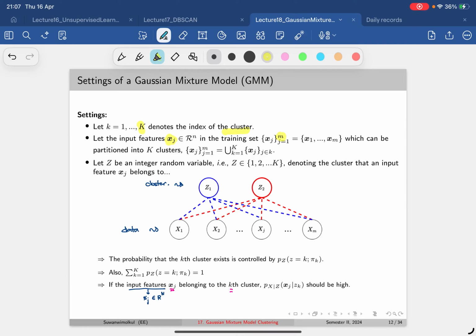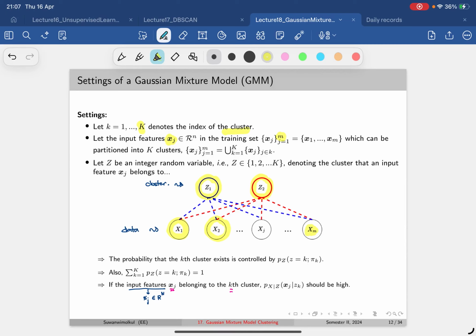How should we do that? In the Gaussian mixture model, they use that graphical representation to represent the relationship between x and how it should be grouped. They use z to represent the cluster, like a random variable that represents the cluster, and x is the random variable that represents the data point. If there are m data points, we will have up until xm.